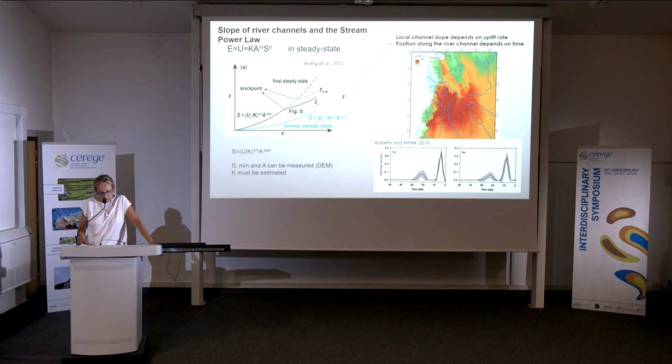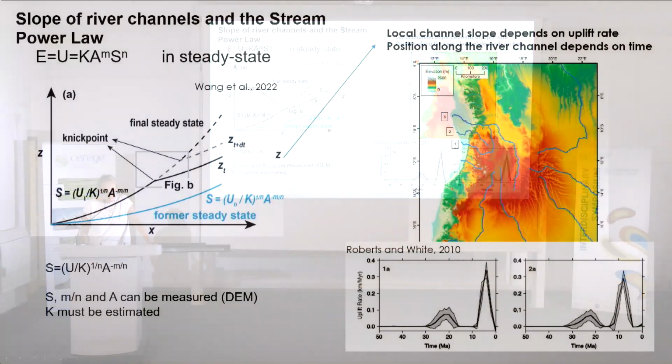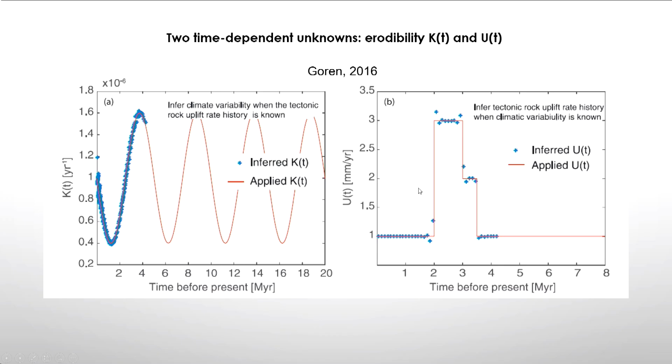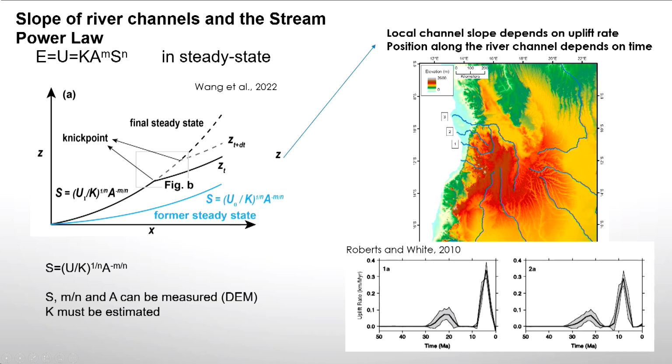But as you can see here from this study in Africa by Gareth Roberts and Nikki White, they used these channels to invert for time variations of the uplift rate of a given area that was constrained a priori. So you have to know where the area is uplifting. And you have here the inverted uplift rate through time, and they have shown that you have two peaks of tectonic uplift in this area. So this is very interesting, but we have two unknowns, in fact.